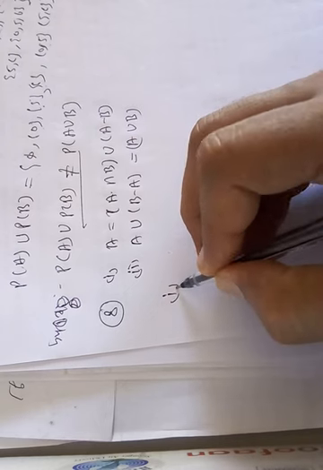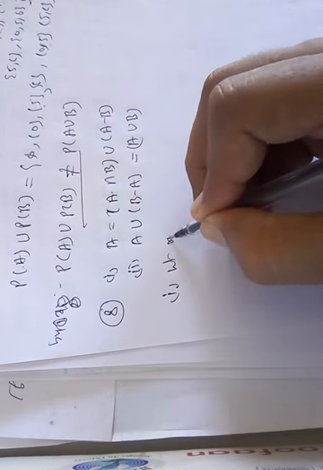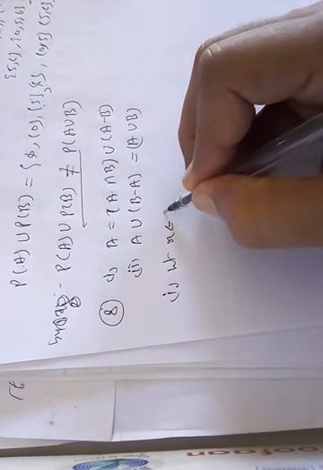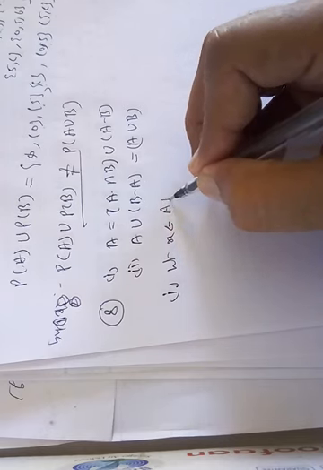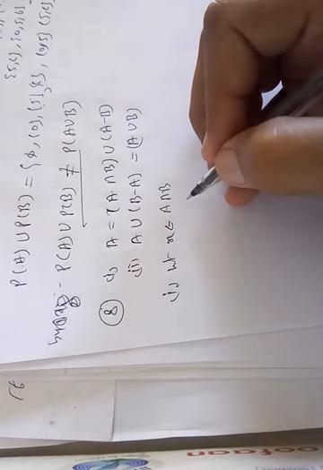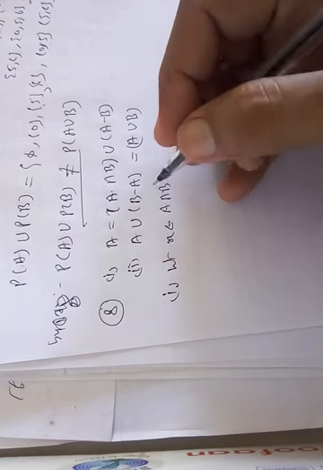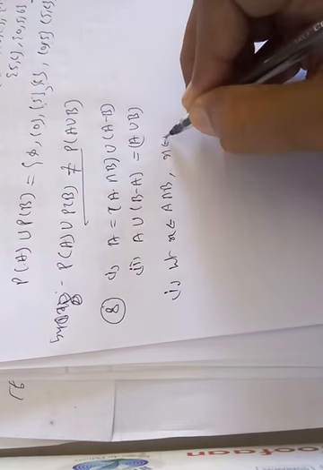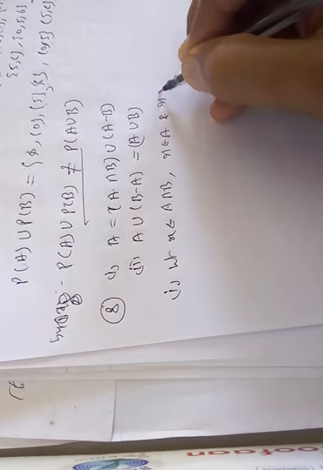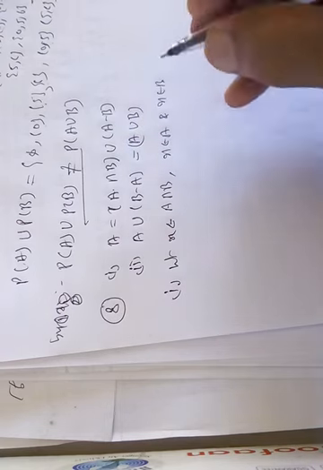First, prove: let x belong to A intersection B. Then x belongs to A and x belongs to B also, okay.